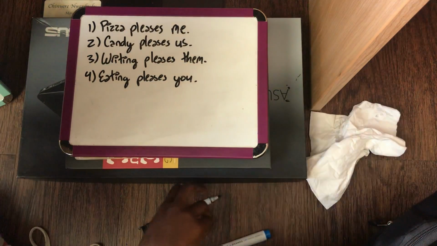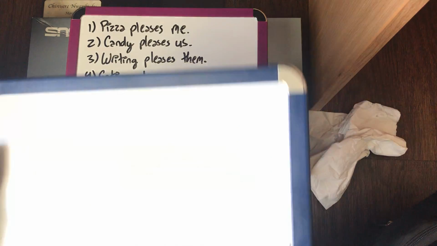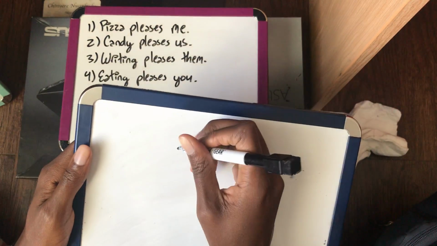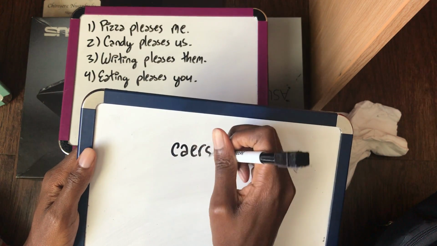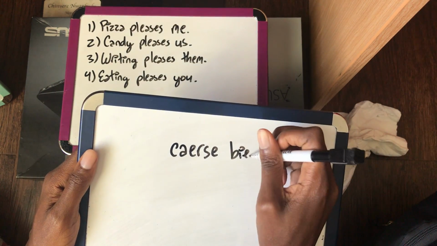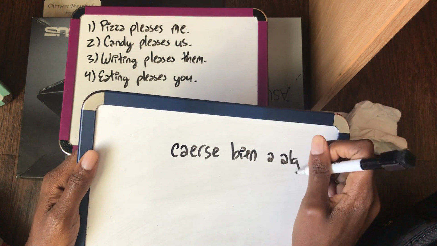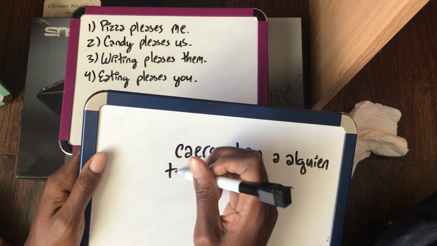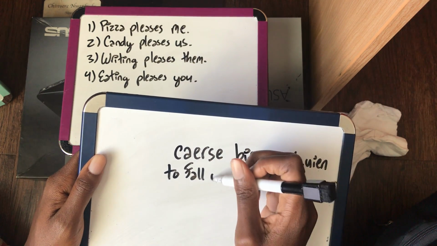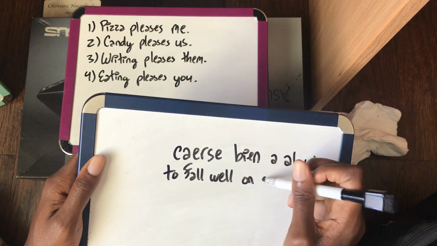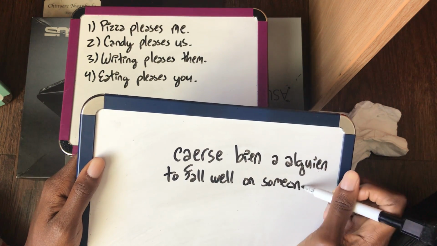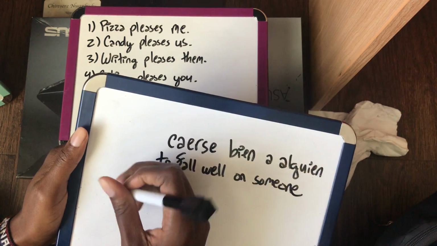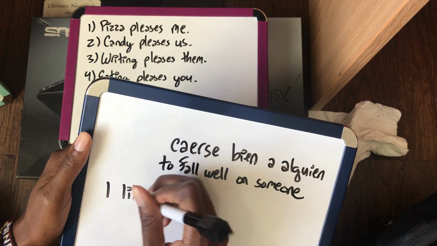Because in Spanish, they have a verb that they use for liking people, not in a romantic or sexual context, and that is caerse bien. Caerse bien a alguien. Okay? Literally translates to fall well on someone. All right? So I'd conjugate that to say, for example, I like Mary.